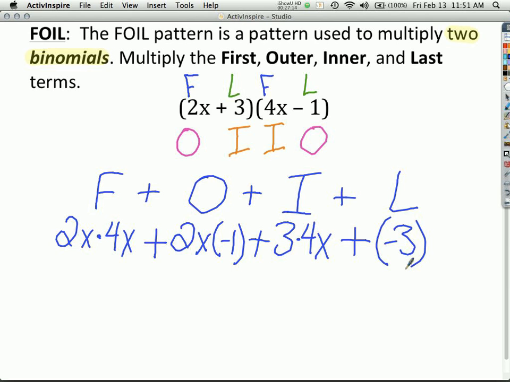So we actually just did distributive property. We just organized it in a nice way. And there is a reason why, and you'll see it in a little while. Any questions on how we did FOIL?